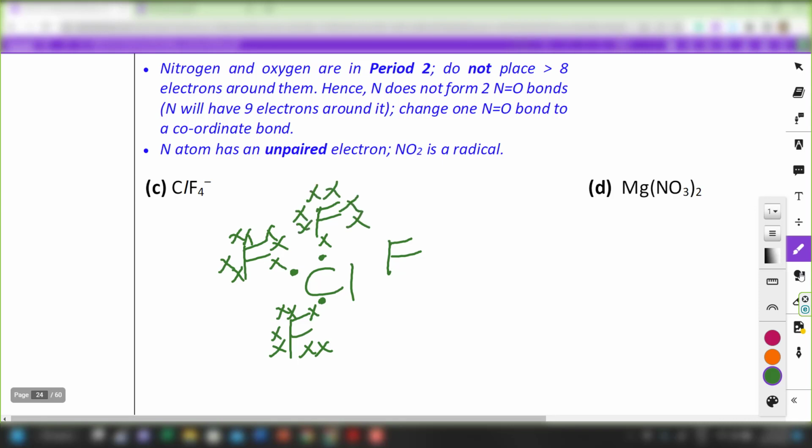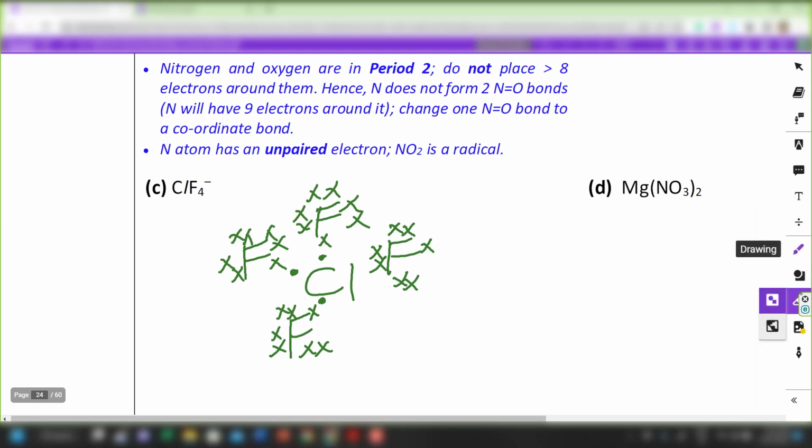The negative charge, or the extra electron, will usually go to the more electronegative element. In this case, that will be fluorine. So that means that one of the fluorines will exist in this format, as a F minus. I'm just going to erase this, and I will purposely put this in red so that you know that it comes from an external source.